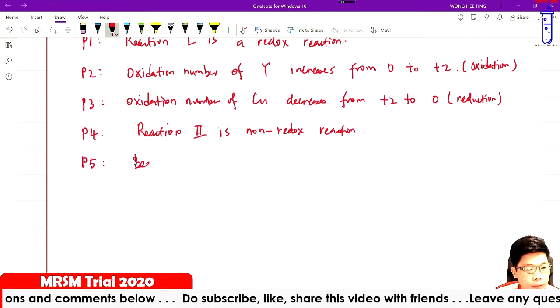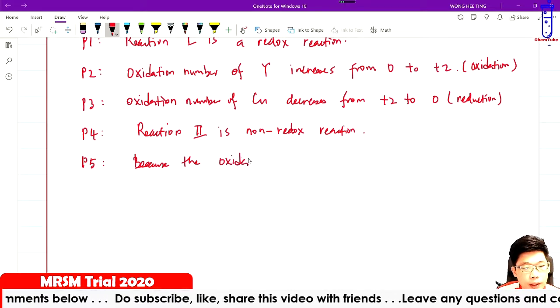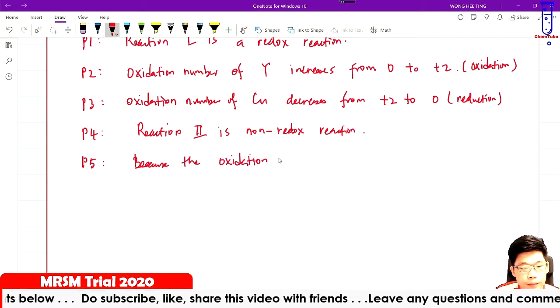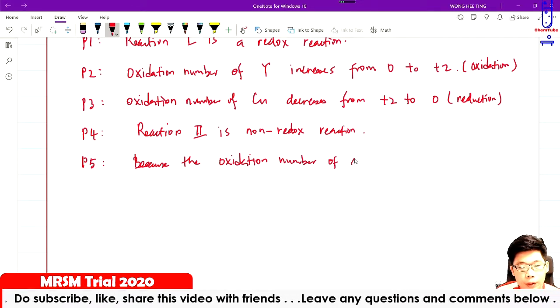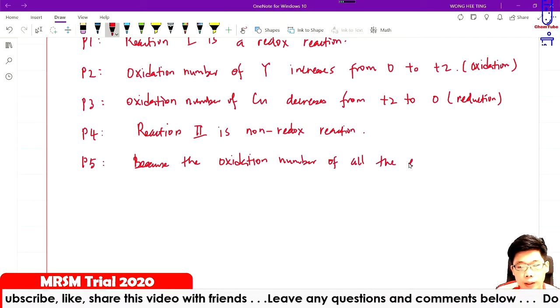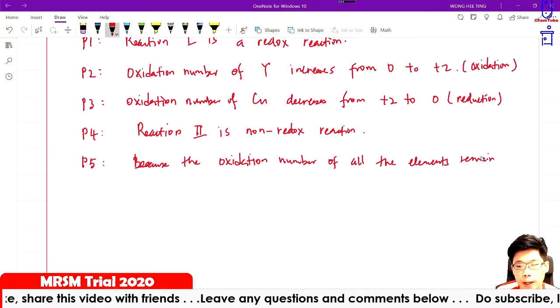Because the oxidation number of all the elements remains unchanged.